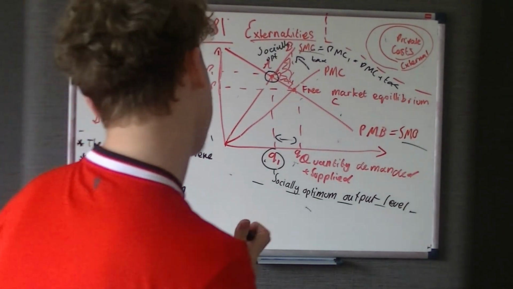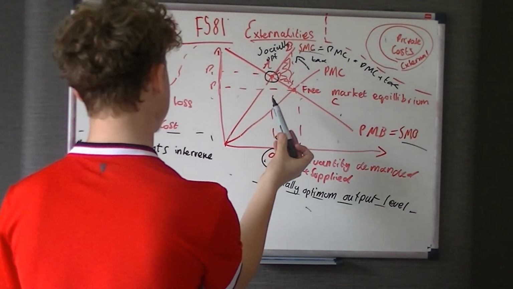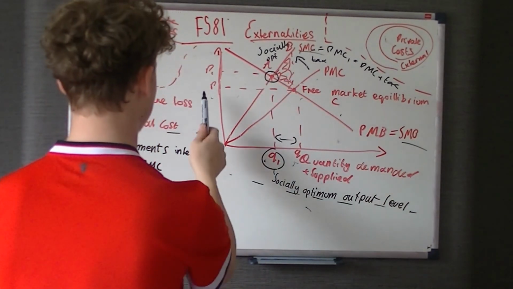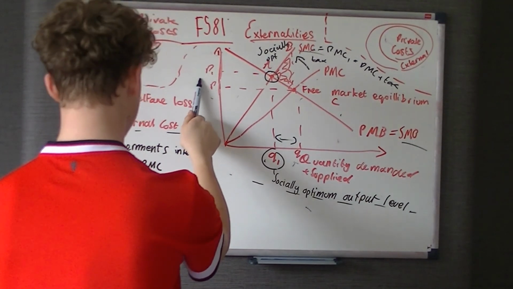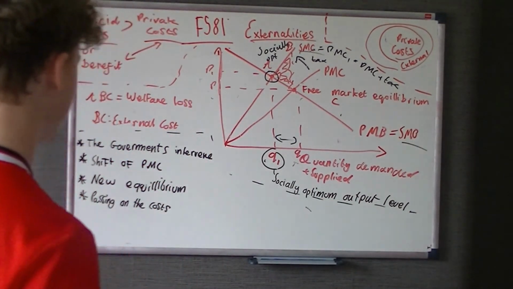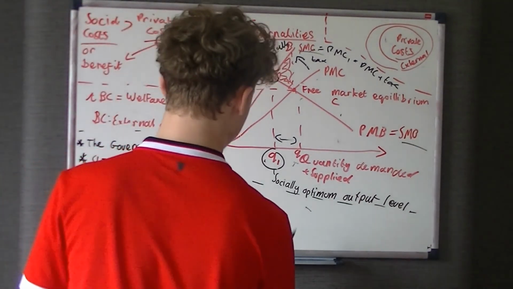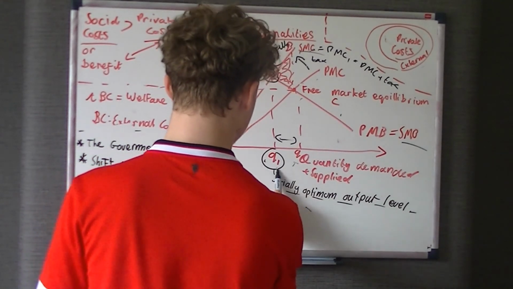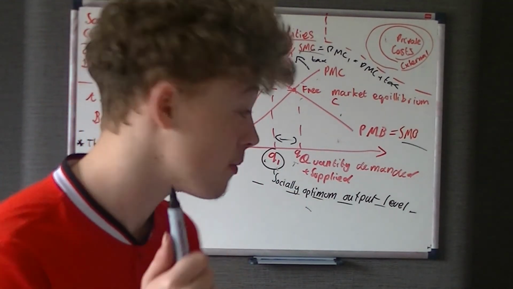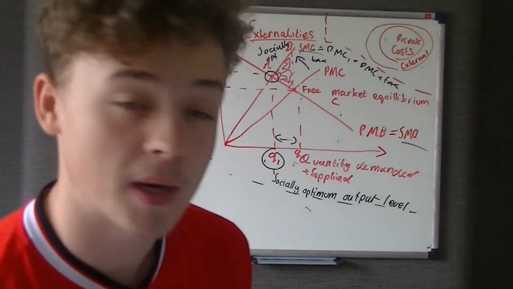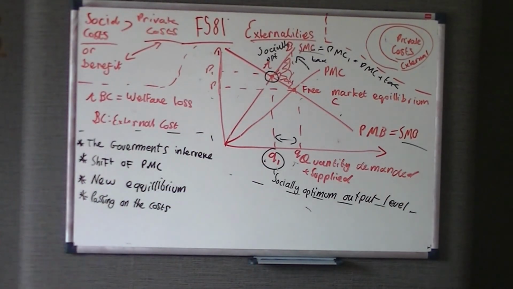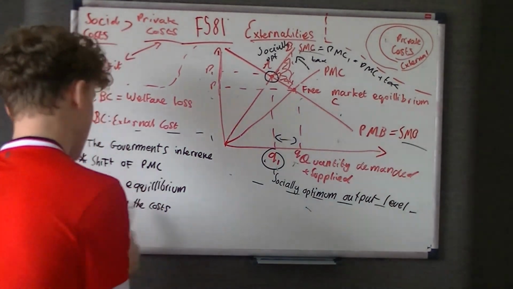So we start off our paragraph by saying the firm passes the higher cost onto the consumer in the form of a higher price, P1. This results in a reduction in quantity demanded from Q to Q1, because the law of demand states if you put up the price of anything, the demand will fall by different amounts depending on what PED is, but we're going to that in a minute.